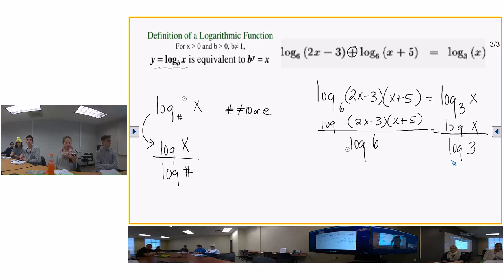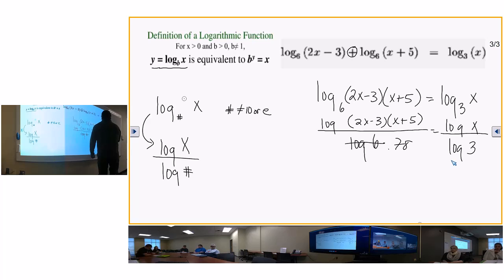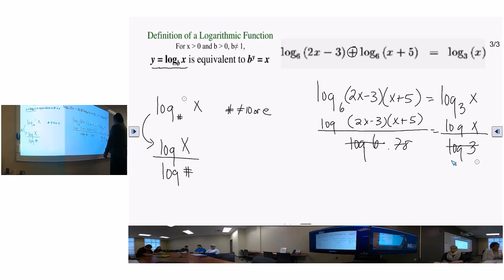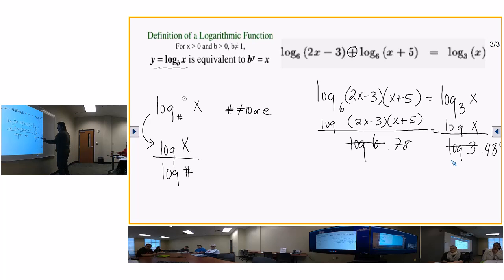0.7. We can round and just say 0.78, I guess. And what is log base 3? 0.48. So now we've got log over 0.78 and log over 0.48, and now you can clear the fraction by multiplying 0.78 and 0.48 together and putting that on top.